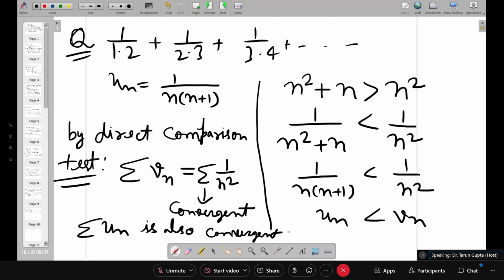If you are able to find the greater sequence, then you can check the behavior of summation Vn. Directly we can say this is convergent because p is equal to 2 here. So by the p series test this is convergent, and by the direct comparison test summation Un is also convergent. In this way you can solve it.